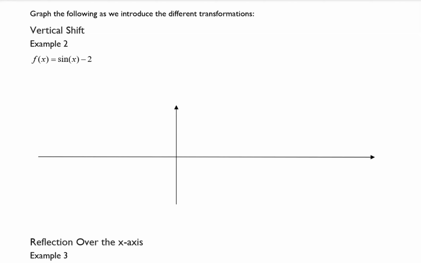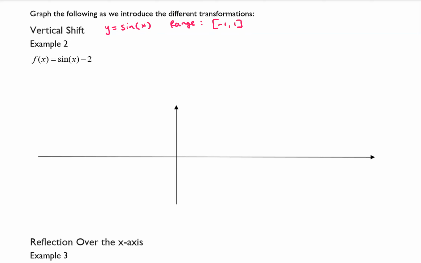Example 2 wants us to graph f of x equals sine of x minus 2. So remember that if we were looking at y equals sine of x, the range for this was from -1 to +1.